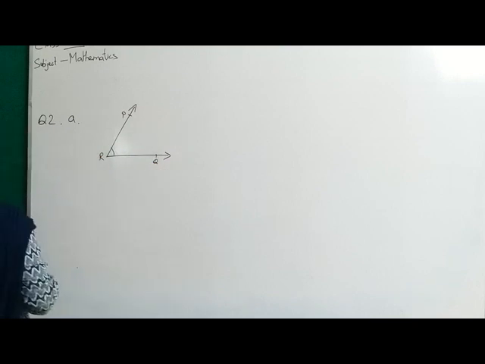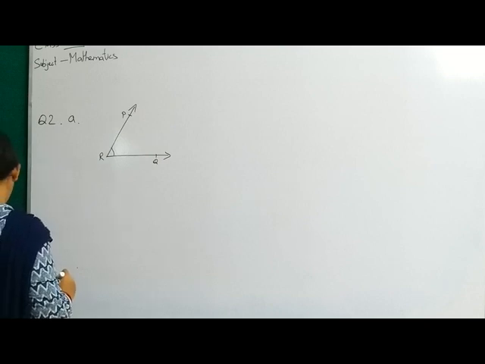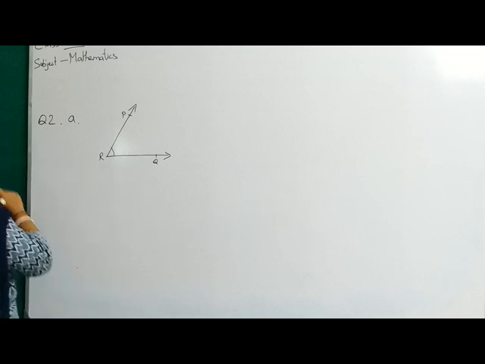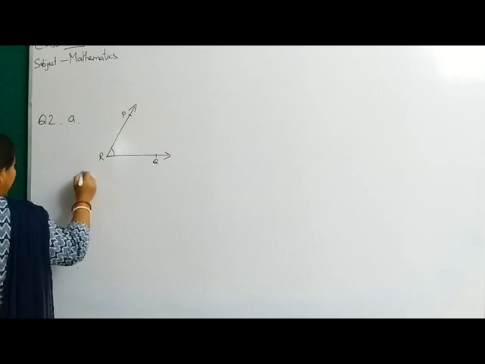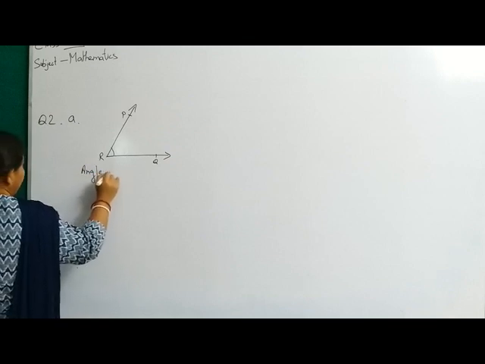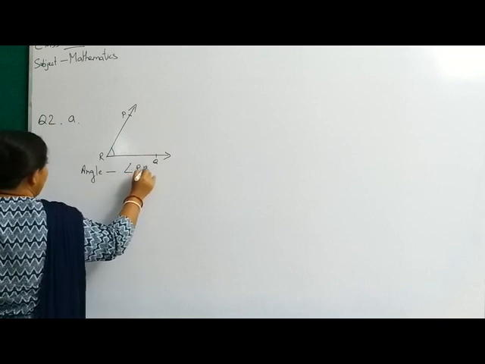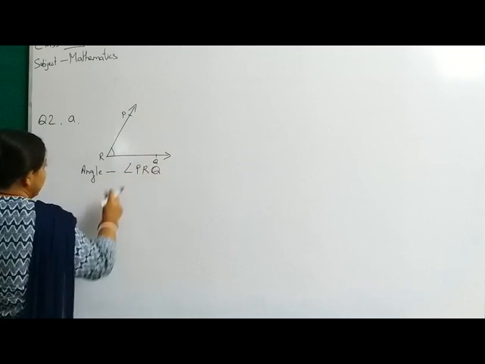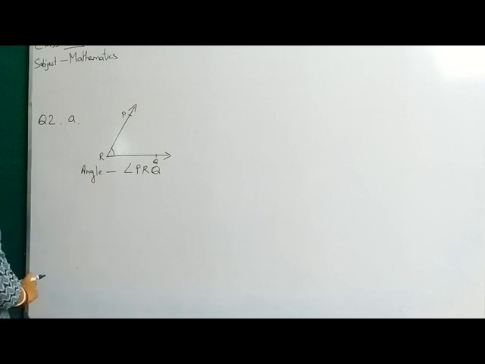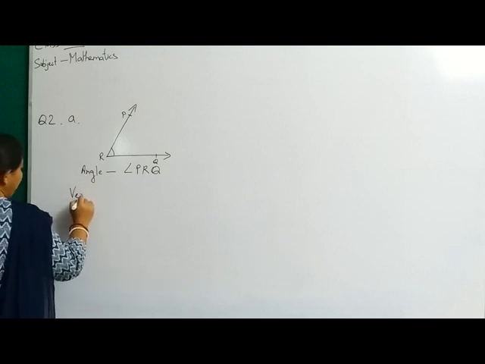First of all, you will write the name of the angle. The angle name is angle PRQ. This is the symbol of the angle, so you have to write it. Then next comes the vertex.